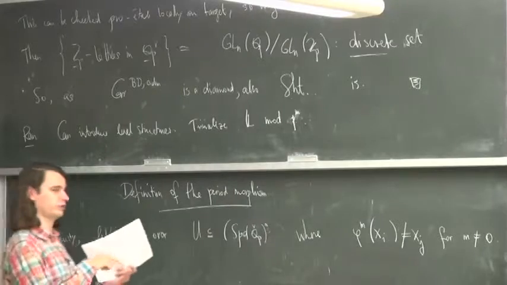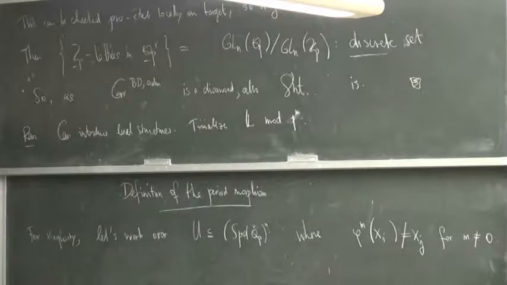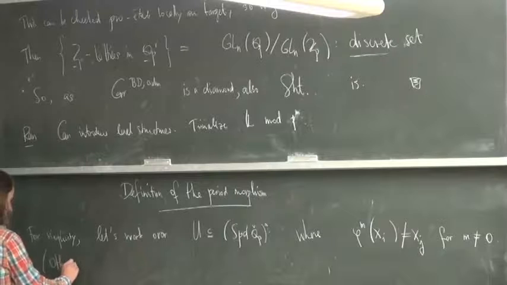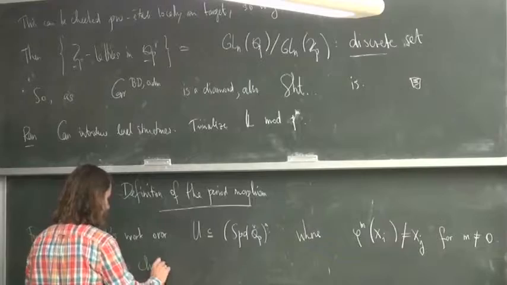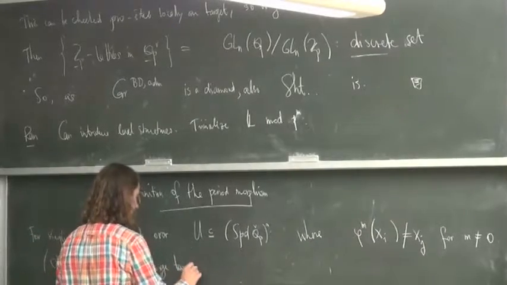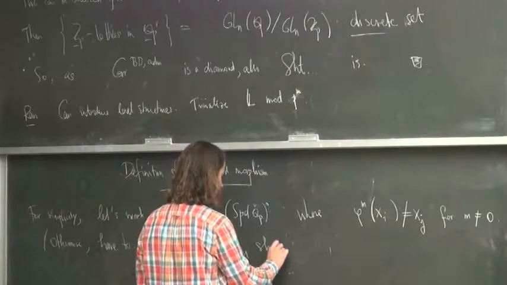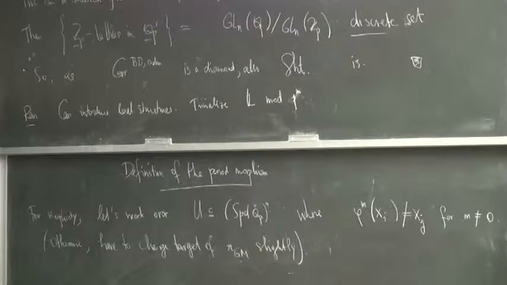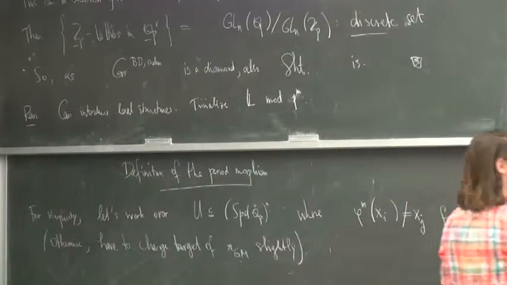So it is allowed for two points to collide, but just if they really collide and not if one is the phi translate of the other. Otherwise, we actually have to slightly change the target. You'll see in a second why I'm doing this. In particular, if you're just interested in the case of one pole, then this issue doesn't come up. Okay, so let me define this Beilinson-Drinfeld Grassmannian.